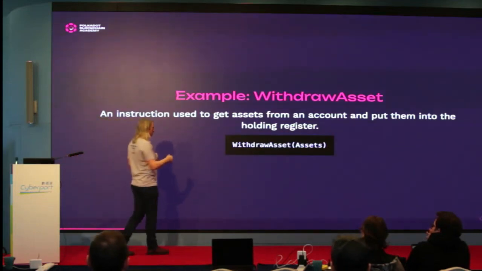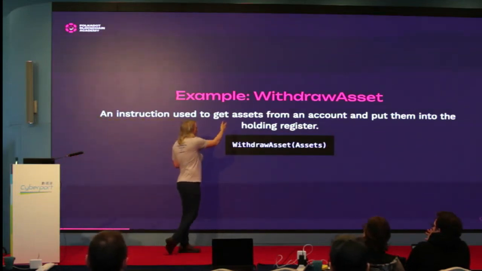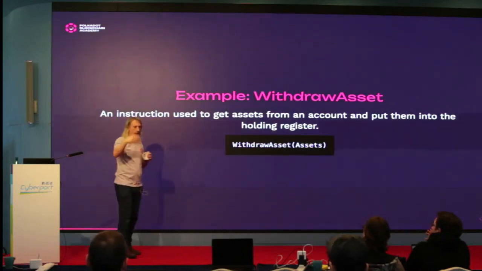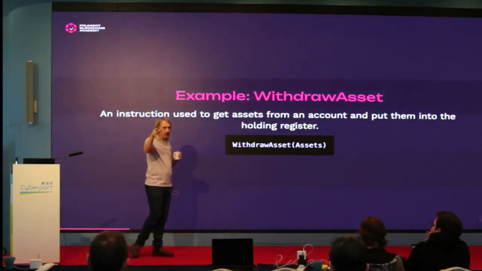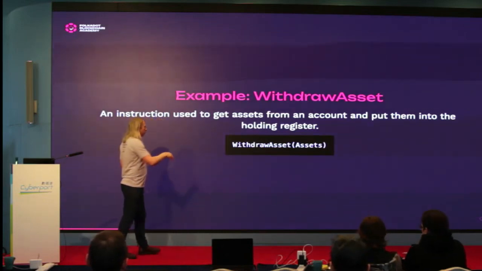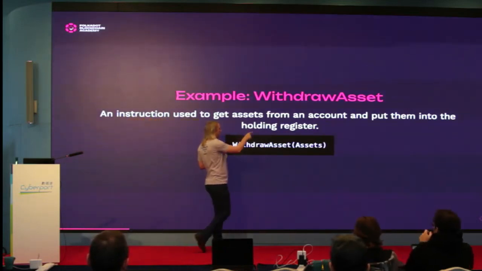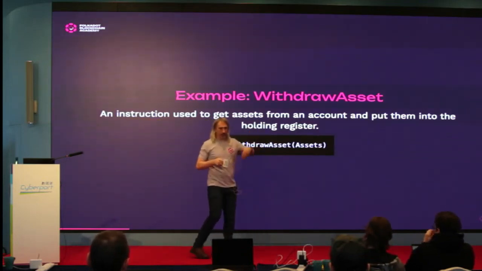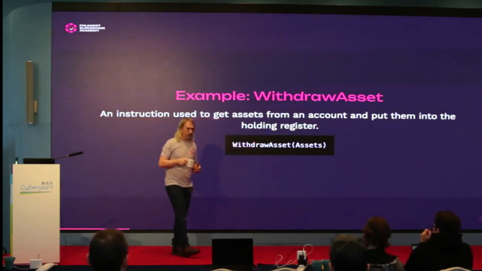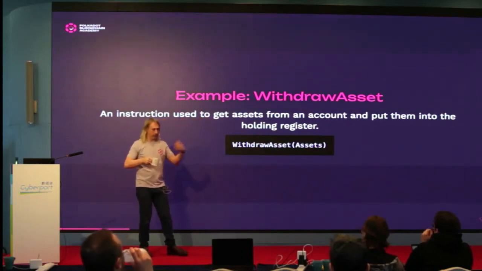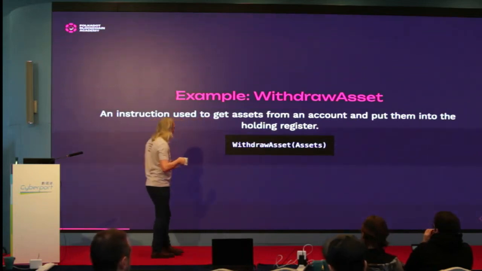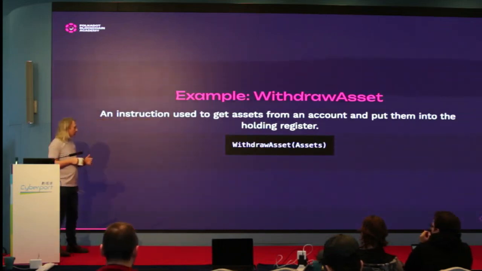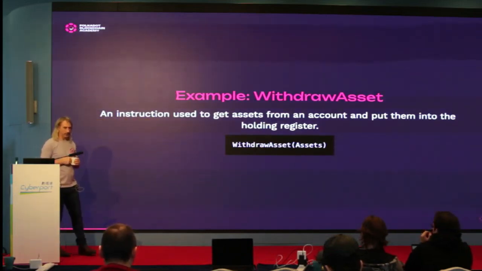And it's going to remove something, reduce a balance, or annul an NFT entry for a particular account, and equal and opposite reaction, right? It's going to put something in the holding register as the counterpart action. That's what withdraw asset does.